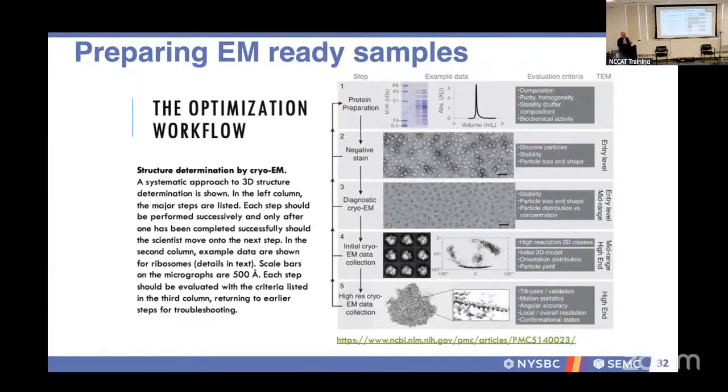But every time you're encountering a new scenario, I would say to be very careful and know in the back of your mind what particular pitfalls there are, such that if you need to do troubleshooting, then you know where to go and how to analyze what may be an EM ready sample or not.